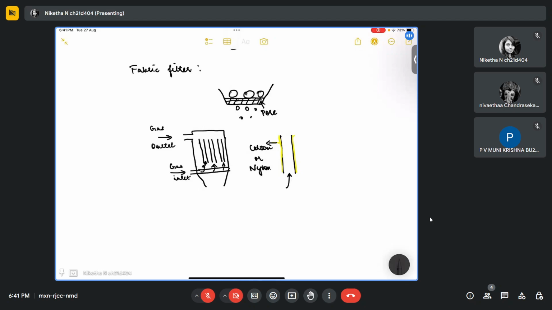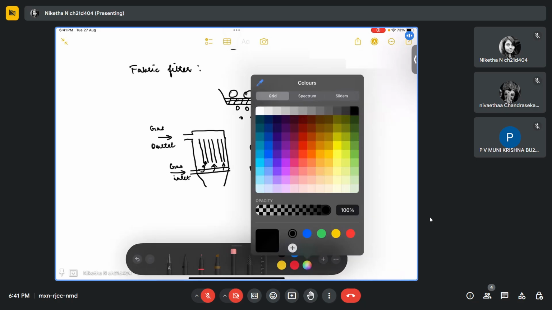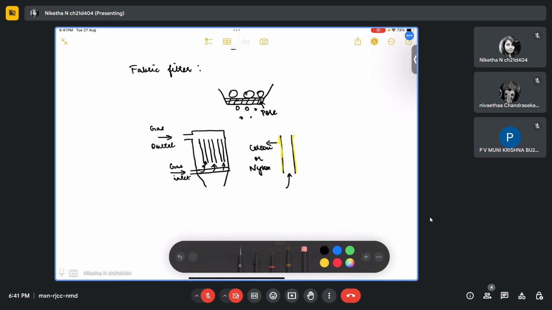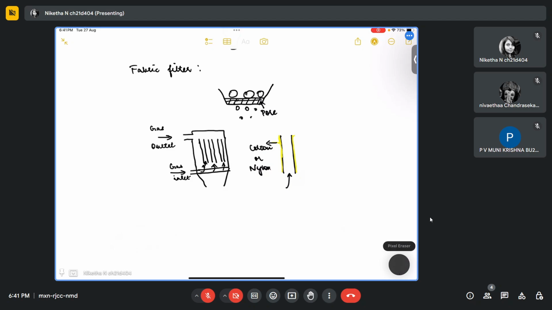Can be anything. So usually what happens is the particles which are coming like this will be forced to go to the top, and then we will apply a vacuum force so that they will also come out.